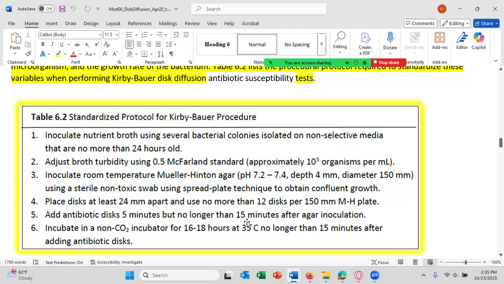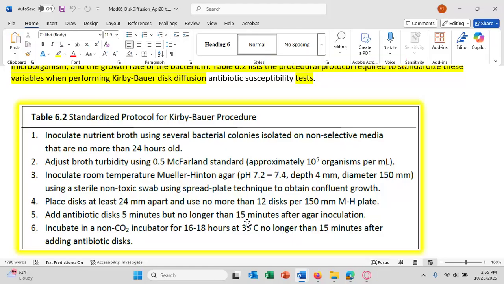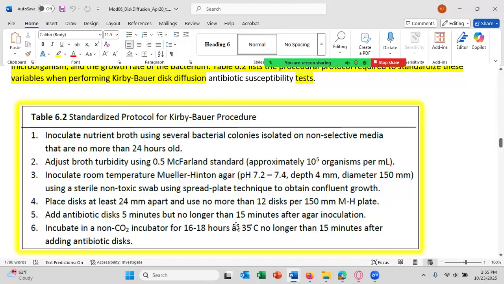So what you're doing is you're allowing the bacteria to get settled on the plate, and the 5 to 15 minutes will also be long enough to absorb the liquid you put the cells on the plate in. And then after 5 minutes, you put the disc on, but before 15 minutes, meaning you put the paper disc on between 5 minutes and 15 minutes.